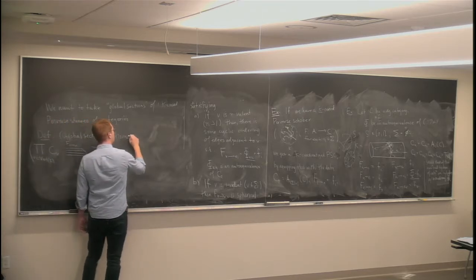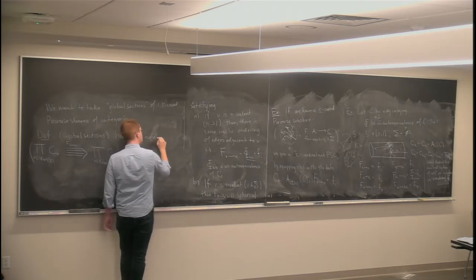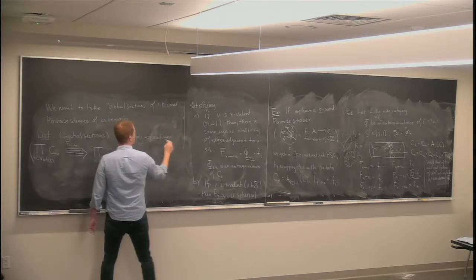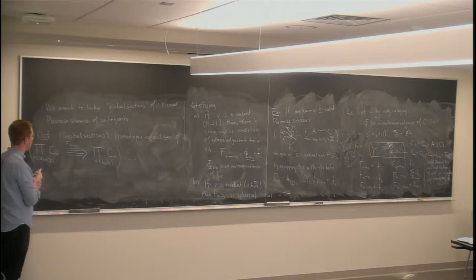Oh, sorry, it's the homotopy equalizer of this diagram, which is great. It's a good general definition, but I'm not going to use this definition to actually do computations with.